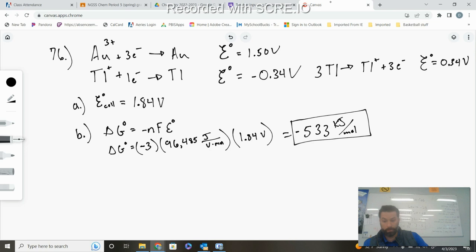Now I need to solve for my KEQ. Well, we know that the standard cell potential is going to equal, we said, RT over NF ln of KEQ.